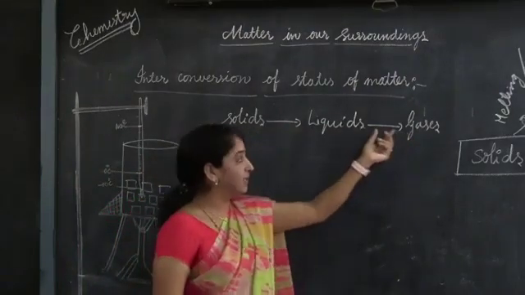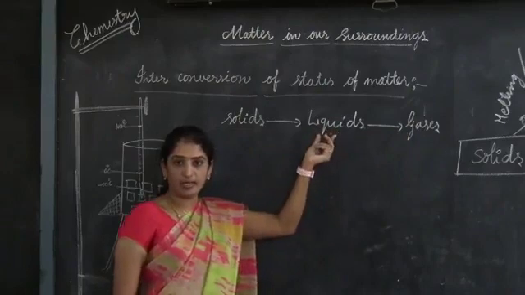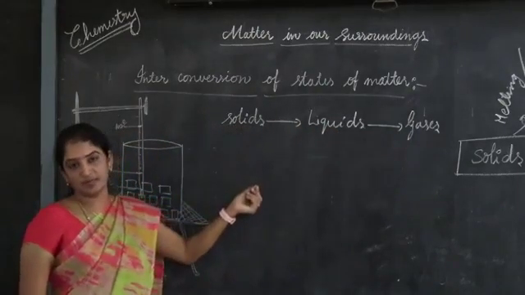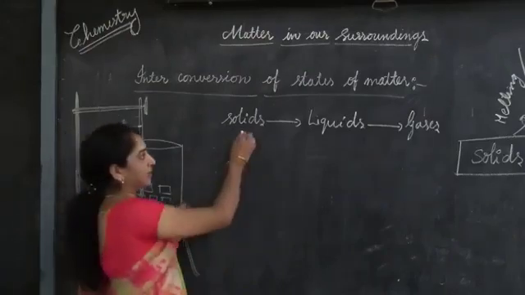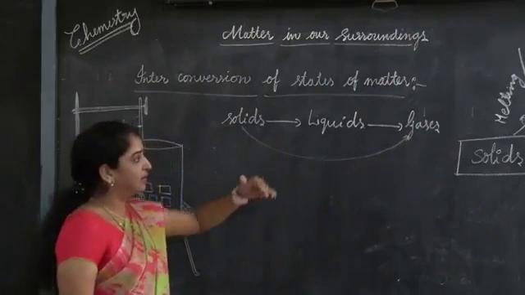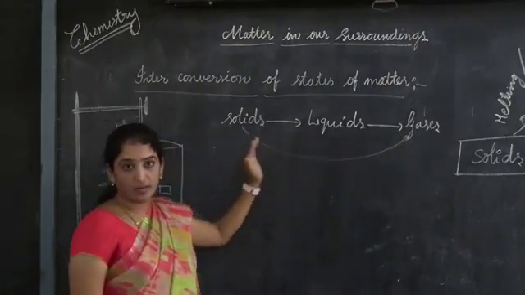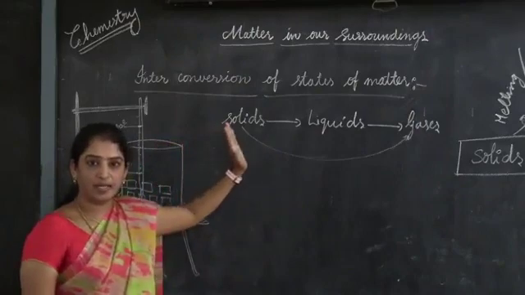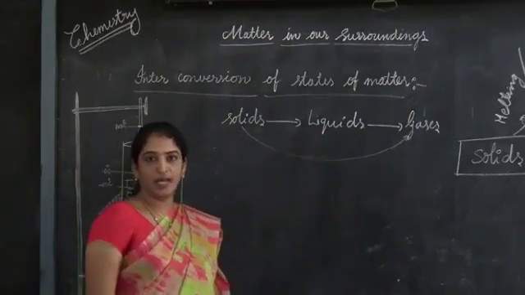Again the gas can be converted into liquid and the liquid can be converted into solids. And some of the substances directly can be converted into gas without getting a liquid state. So we are going to discuss how these forms of matter can be converted from one state to another state.